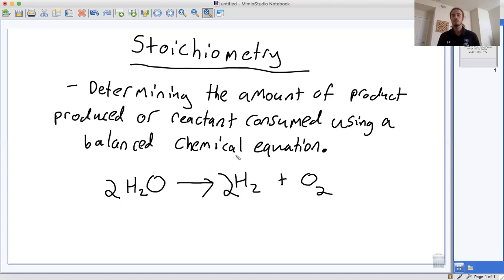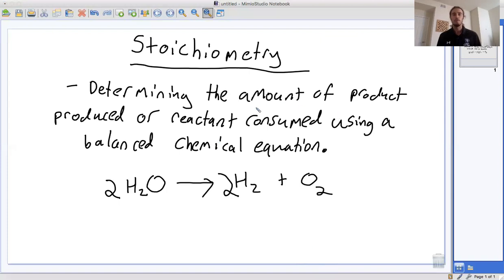So stoichiometry in this case would be questions like how much water is needed to produce a certain amount of hydrogen, or how much oxygen is produced from a certain amount of water, or even how much oxygen is produced when a certain amount of hydrogen is produced.